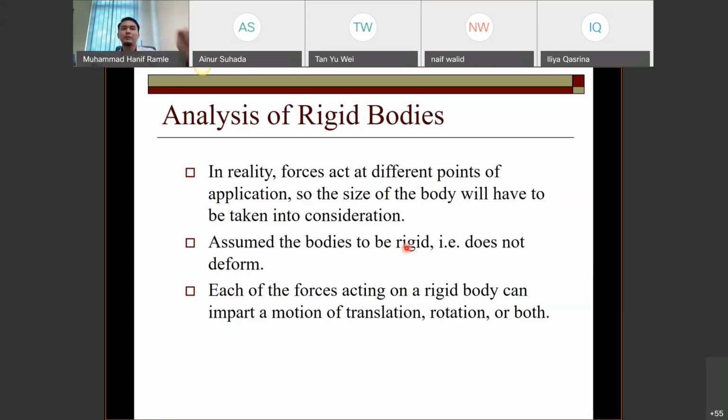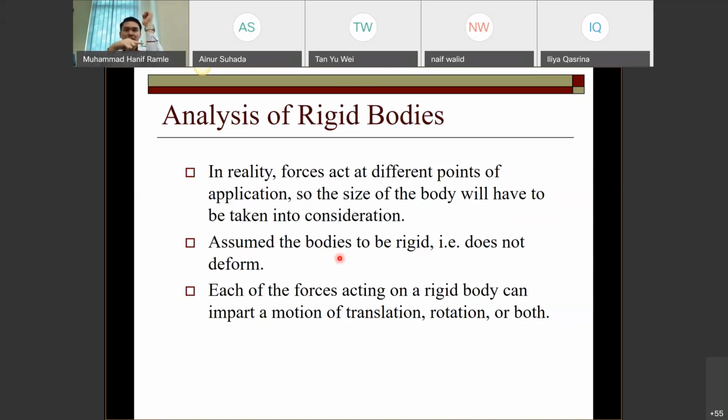We assume the body, the hand, is rigid. In reality it can be moved, but bear in mind that we are learning statics, so we assume this body is rigid and does not deform when I push it.